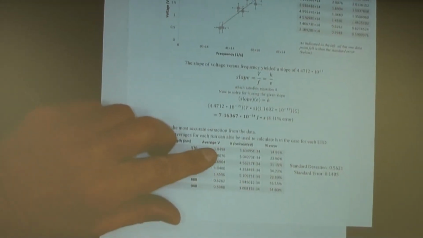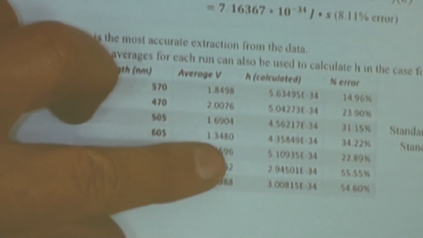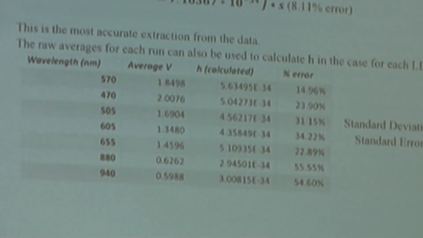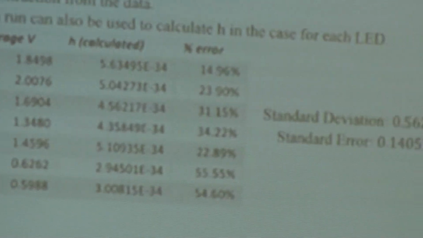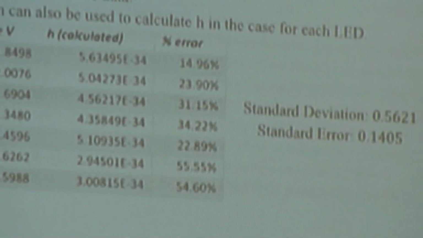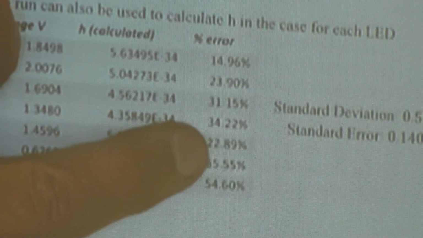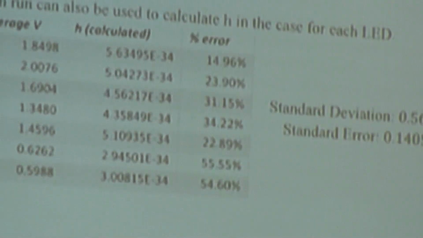He took each of the different values for the voltage, and he just solved it using this equation, and he solved for h. And look what he got here. He got 14, 23, 11, 22, 55% error.